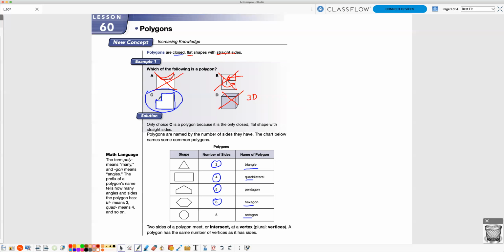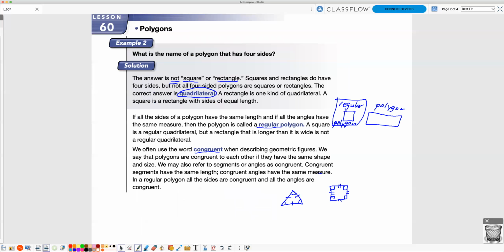You can see here this one had 1, 2, 3, 4, 5, 6 sides, and it's not considered a hexagon because it doesn't have any regularity to it. So it doesn't matter where those sides intersect or their vertex. Each of the vertices here happen to fall into those places. It doesn't matter.